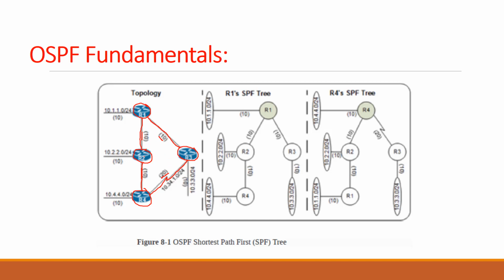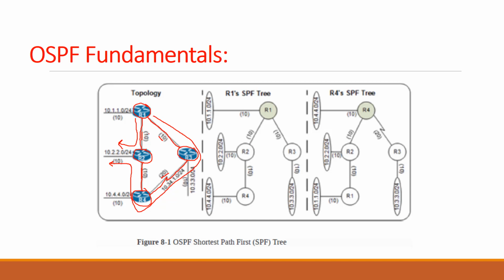R1, to reach R2, or the subnet that is attached to R2, can go this way or through this way. Dijkstra's shortest path first algorithm chooses the loop-free path and the shortest path to each destination.